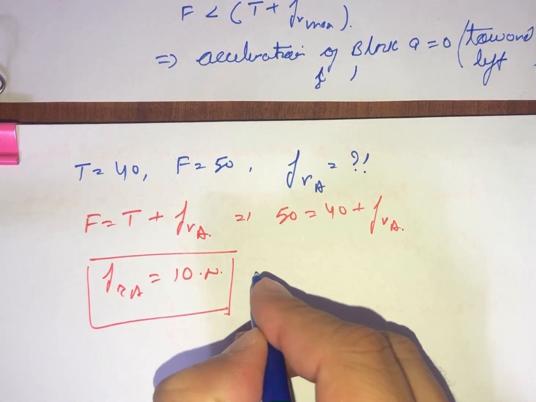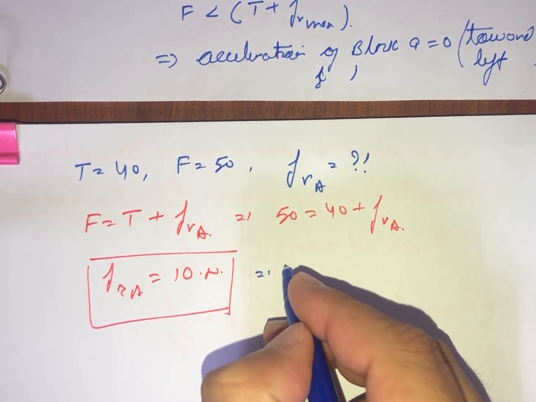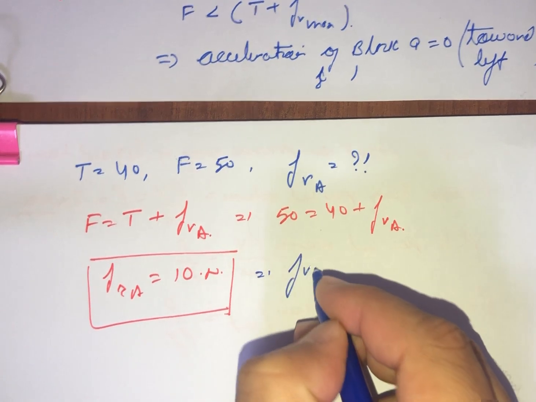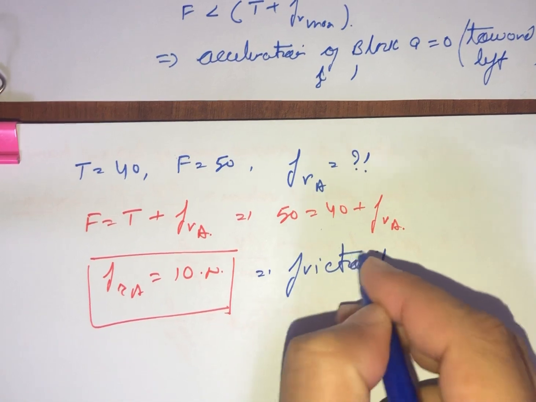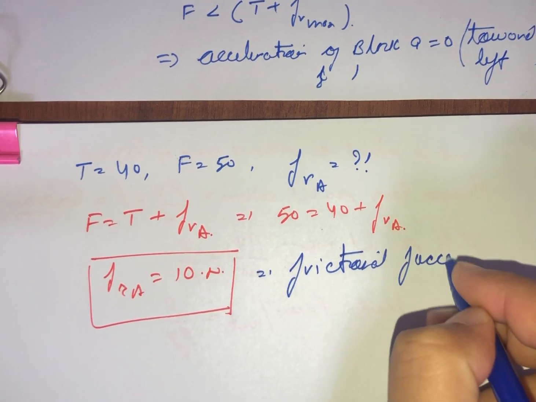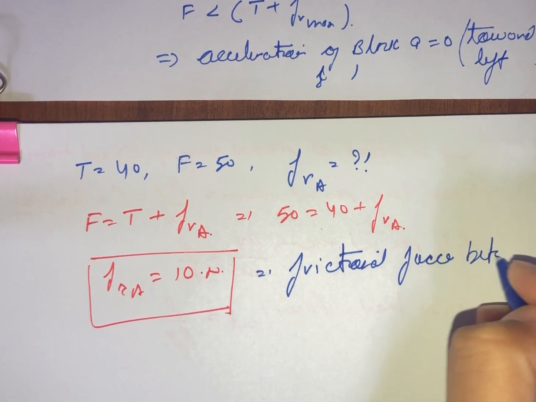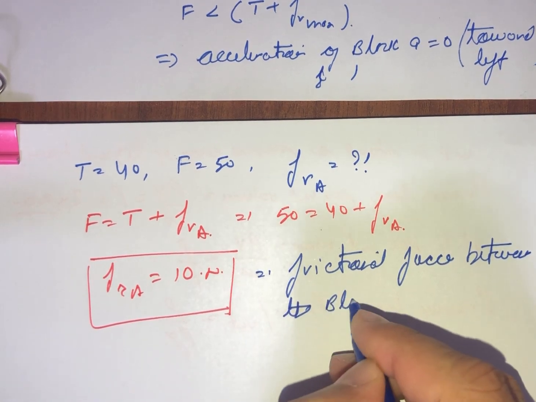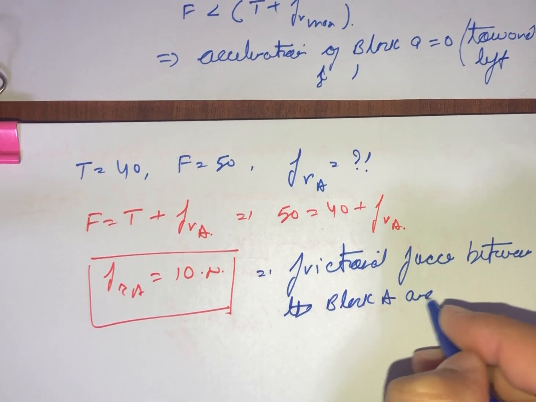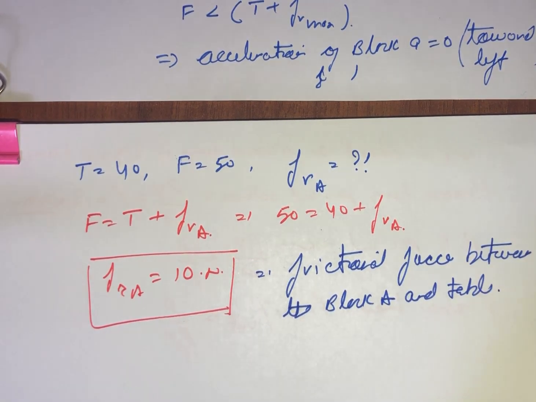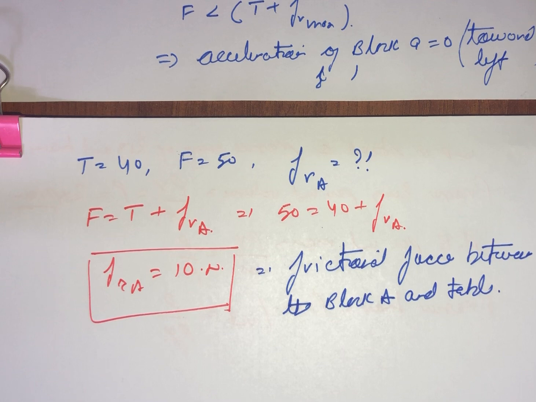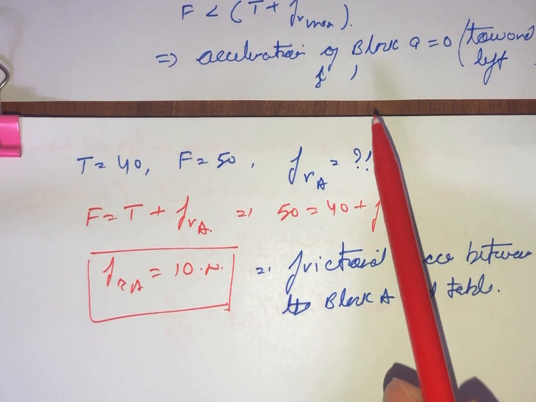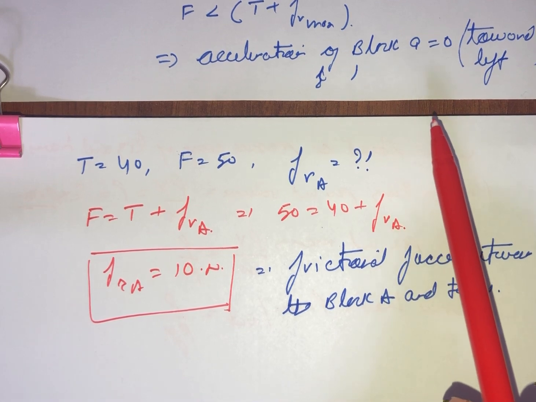So this is the frictional force between the block A and table. Now we come to the direction part. We already proved that there will be no acceleration of the block towards the left.